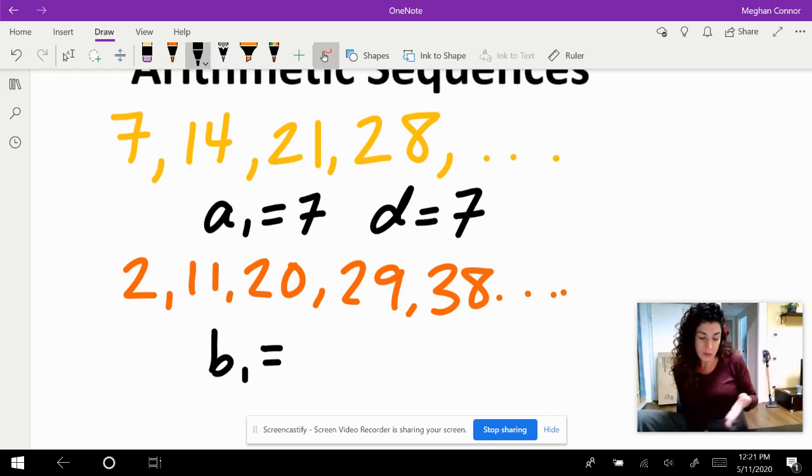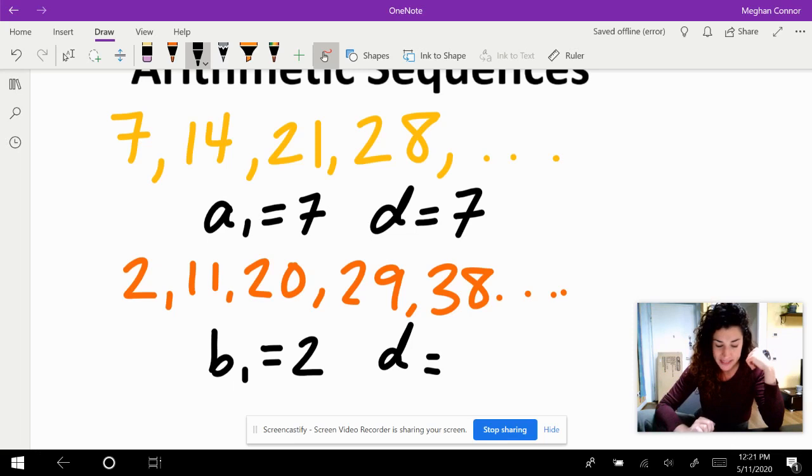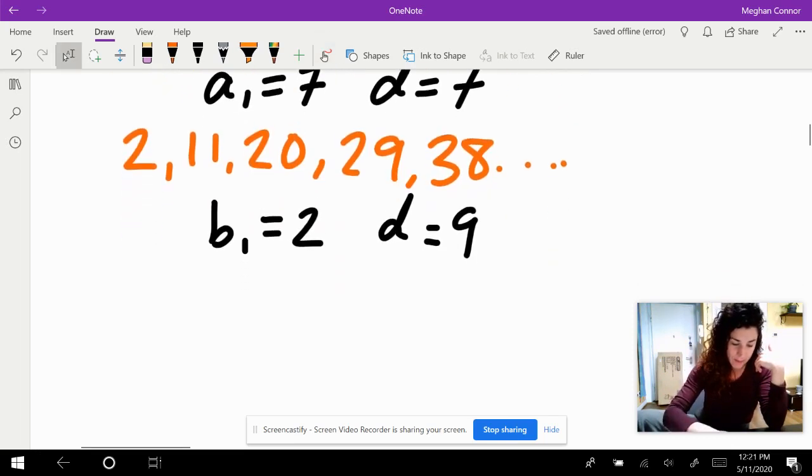Any letters that you choose to put in there, it's just how you've chosen to define it. B sub 1 is going to be different than A sub 1, which means we're talking about two different sequences. The changing of the variable means you're talking about a different sequence. So here B sub 1 is 2. Our D, our common difference, is 9. We're adding 9 every single time.